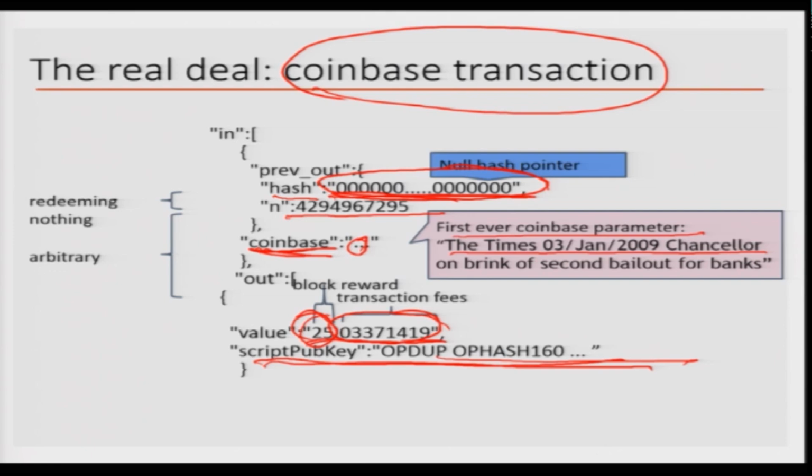We discussed this earlier, that the Bitcoin blockchain actually came as a rebellion against the 2008-2009 economic slowdown, which was precipitated by the banking sector. So, the use of this particular arbitrary string in the first Coinbase parameter kind of justifies that suspicion that that was the reason why the Bitcoin blockchain was created.